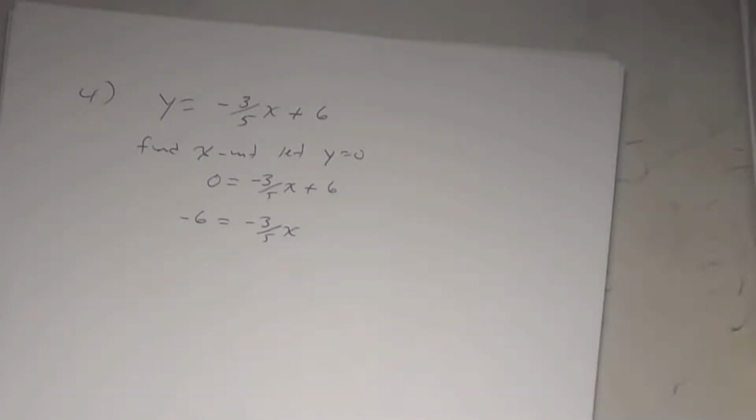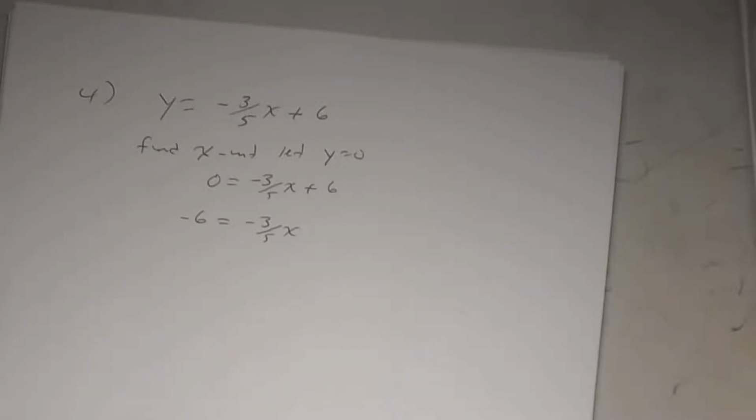Now, there are a couple of things you can do at this point. What's one thing you can do? You're trying to get x by itself. Divide by negative 3 fifths. That's one approach you learned last semester. What's the other approach you learned last semester? Well, that's the same thing, divide both sides by negative 3 fifths. But remember, last semester, the LCD: multiply both sides by the LCD first.